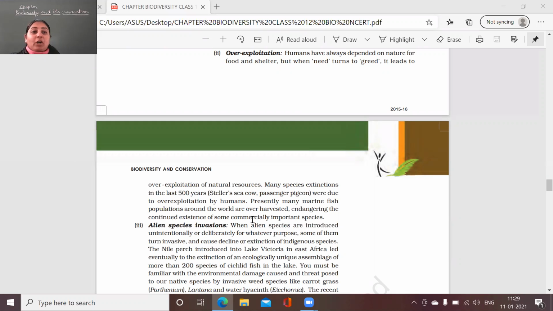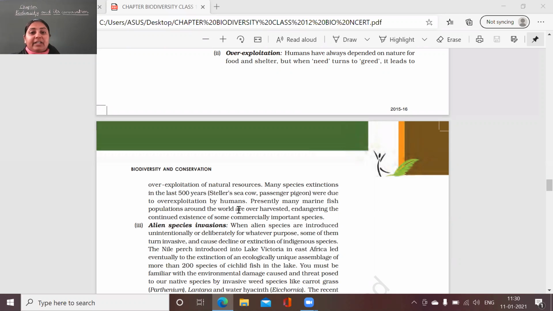Okay, beta? Because of this, many species in the last 500 years became extinct because of human greed. Some of the names are mentioned here, such as the Steller's sea cow in Russia and the passenger pigeon. These are species that got extinct, and this only happened because of over exploitation by humans.